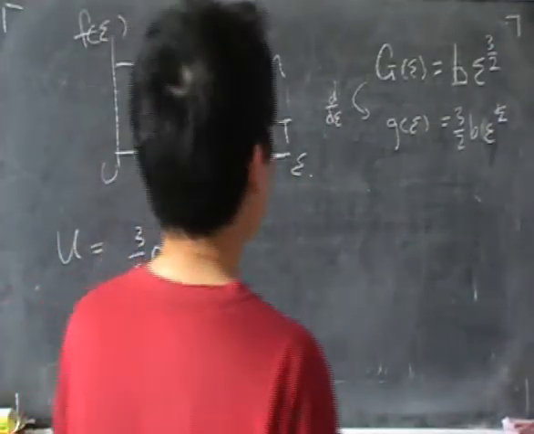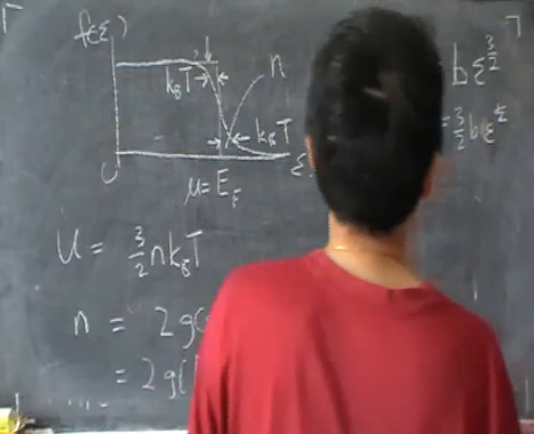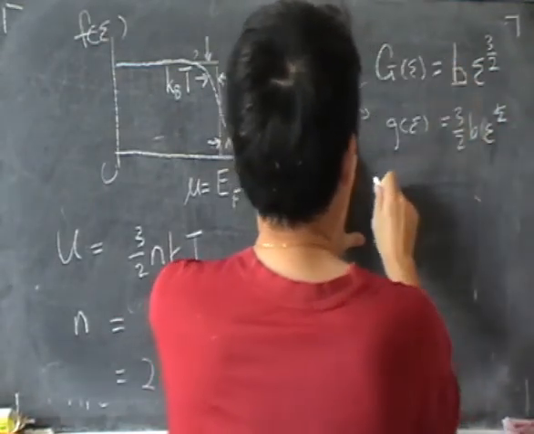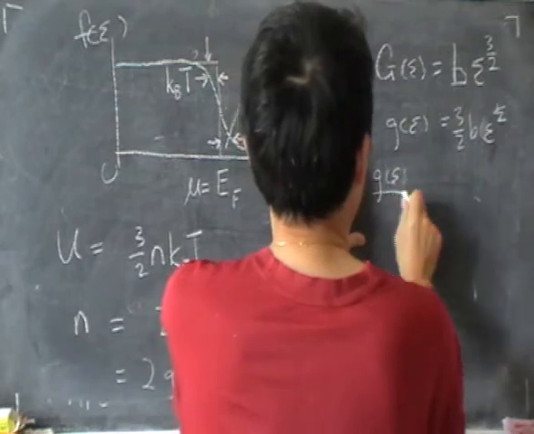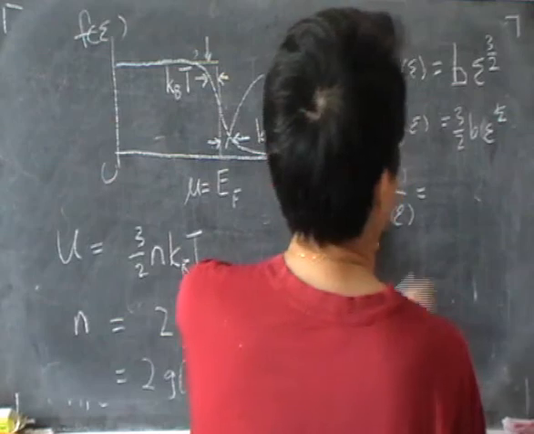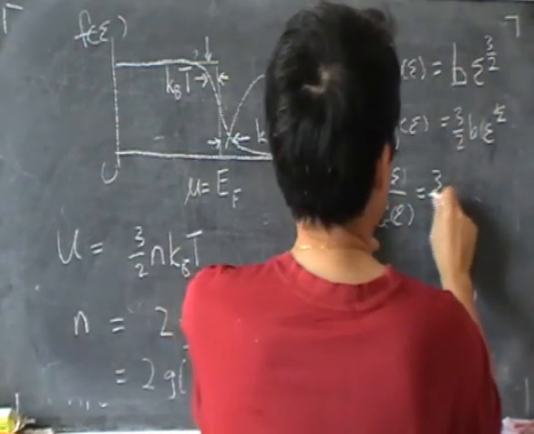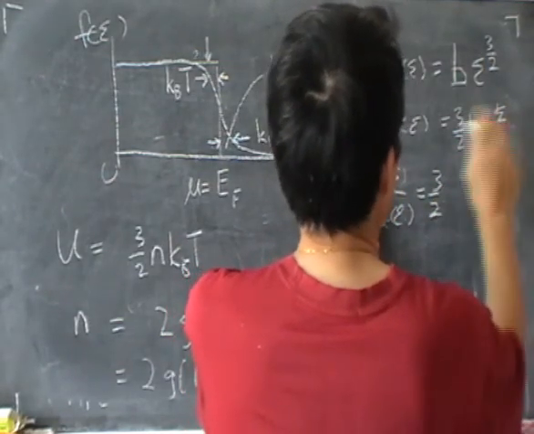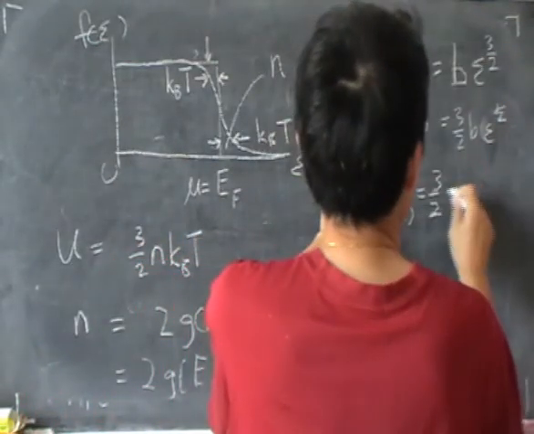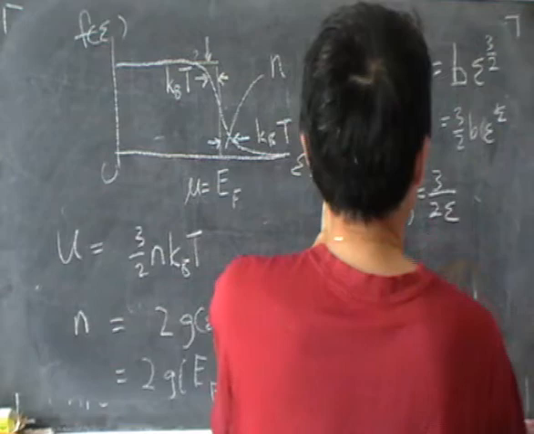So then, let me divide the second equation by the first equation. The B and the B cancel, it's 3 over 2, and E to the half divided by E to the 3 halves gives just 1 over E.